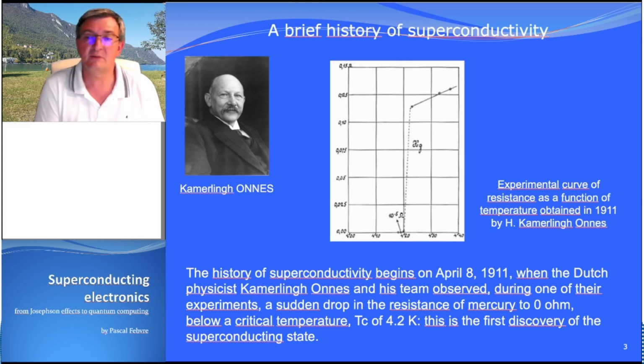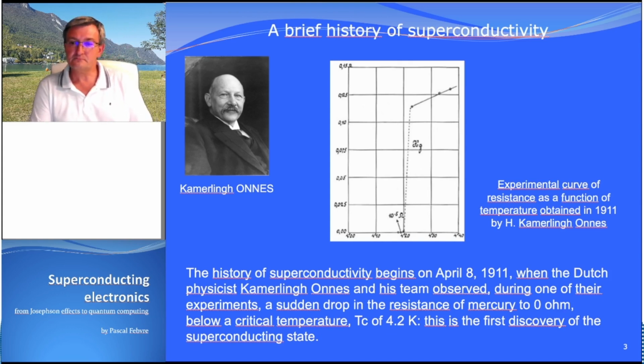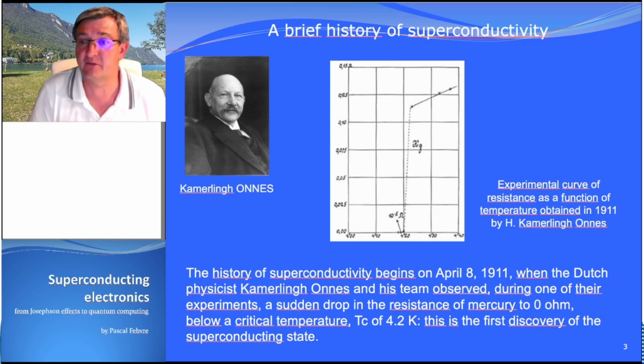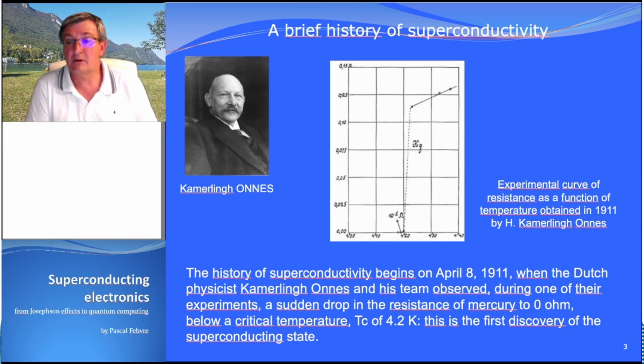So he was the only one to be able to do this kind of measurements, and he had a very big surprise to observe that the resistance of mercury went down to zero immediately at 4.2 K. So that was not understood at this time, of course, but still it was a repeatable experiment, and that was the beginning of the story of superconductivity.